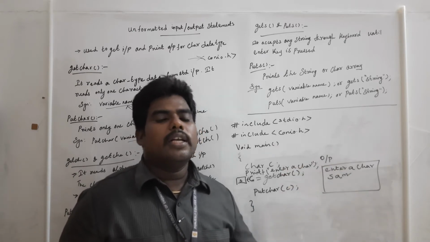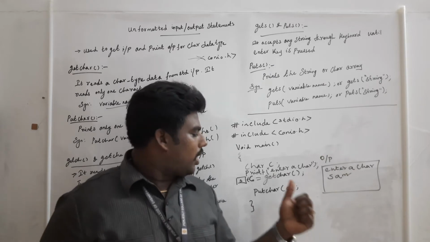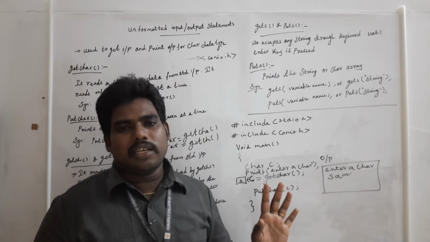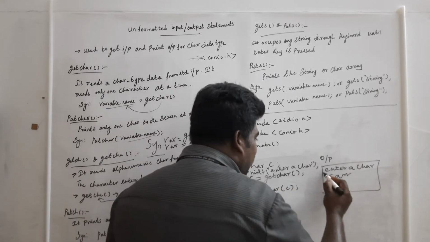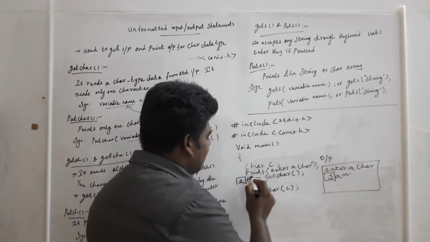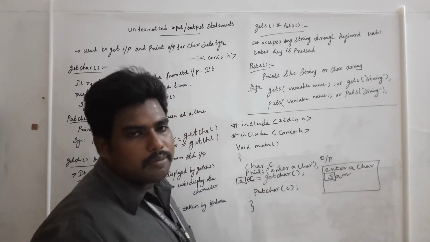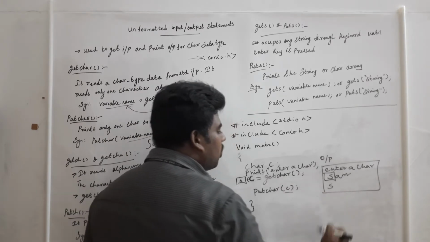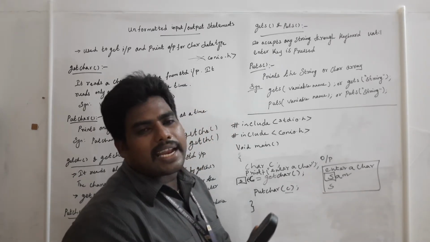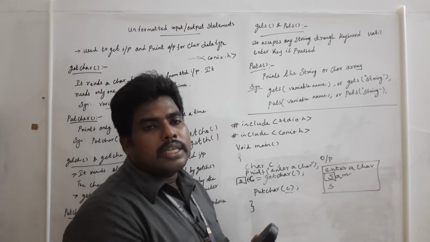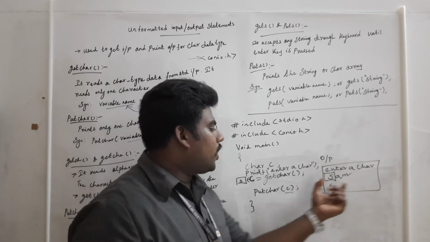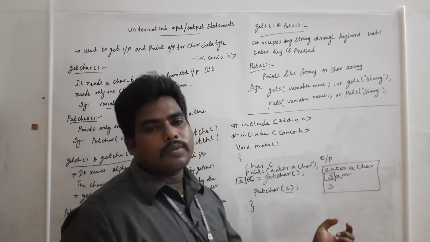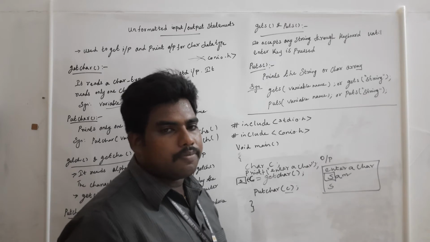But it will take only one character as the input, and only that character is stored inside the variable. Then I am printing putchar of C. So what will happen? It will print S. Getchar is used for getting only one character, even if you give multiple characters. Putchar is used for printing one character at a time.